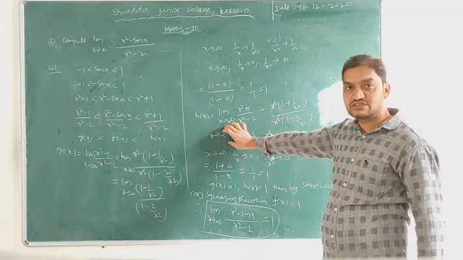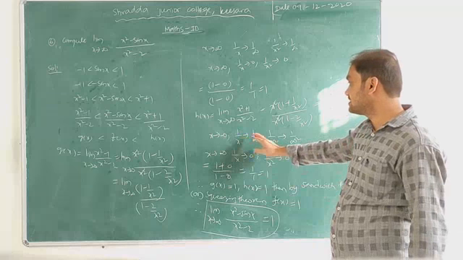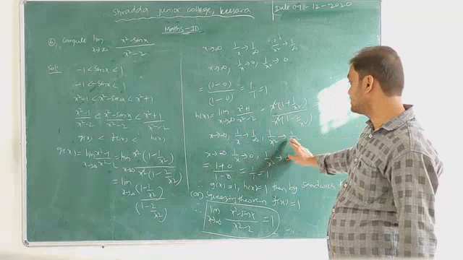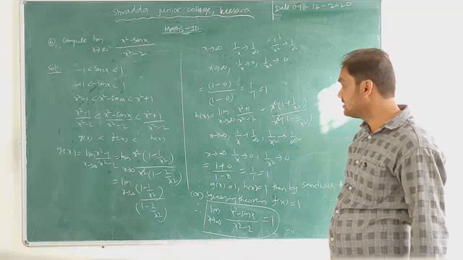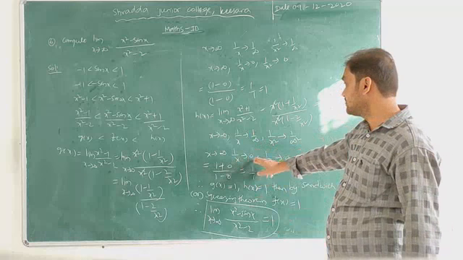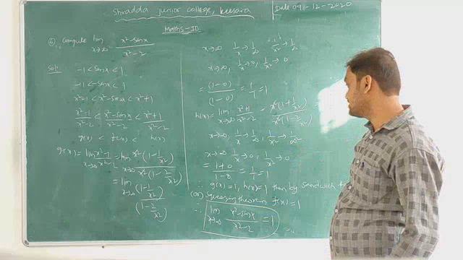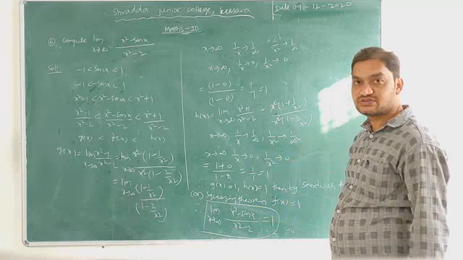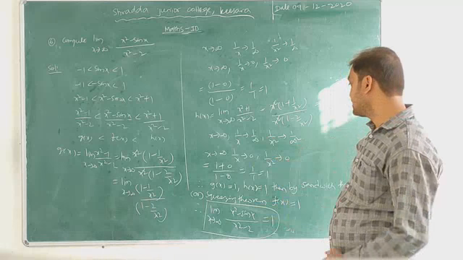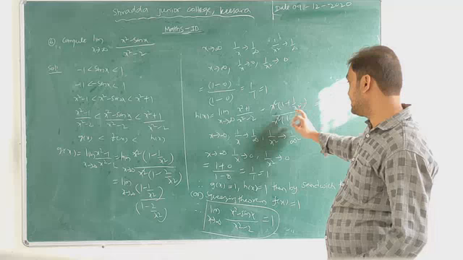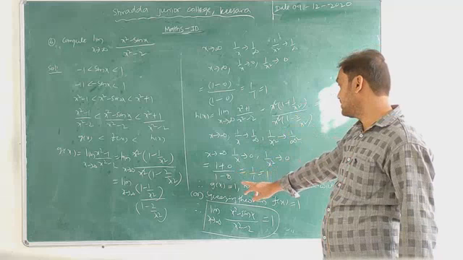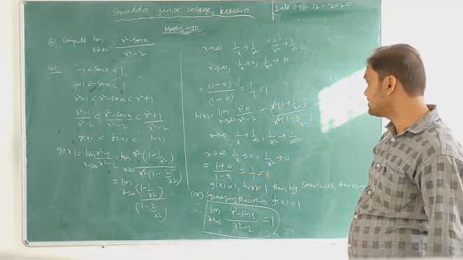So see here, x tends to infinity, then 1 by x tends to 1 by infinity, 1 by x square tends to 1 by infinity square. Now x tends to infinity means 1 by x tends to 1 by infinity, that is 0. 1 by x square also tends to 0. Now substitute 0 in place of 1 by x square: 1 plus 0 by 1 minus 0, 1 by 1 equals 1.